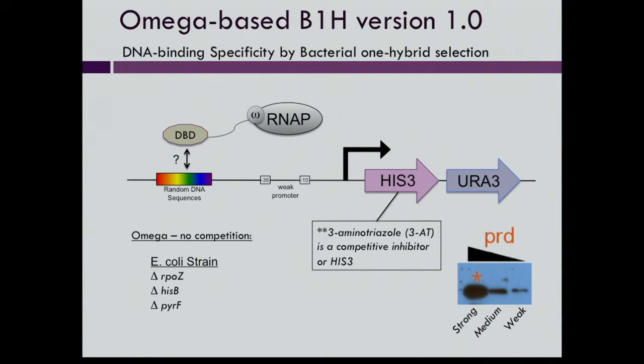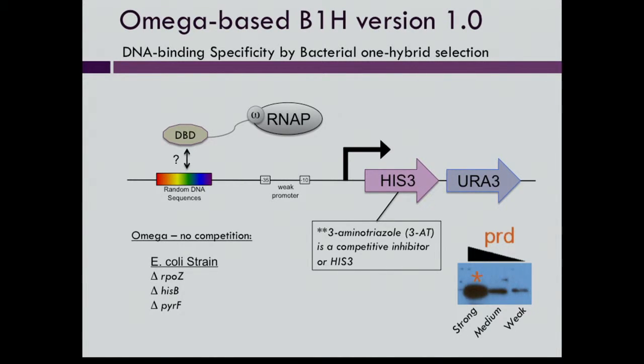So when we're expressing our fusion protein, we're recruiting polymerase to the promoter that we care about, the one promoter that is driving this reporter, without any competition from omega in the cell, because we knocked it out. In other hybrid assays you may be familiar with, it's very common to have to express your fusion protein at such a level that it's actually toxic to the cell. We don't have that problem because we lack this competition.